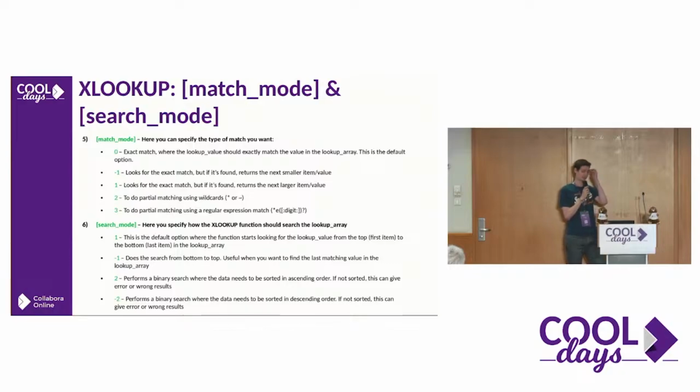And the option 2 represents a binary search with ascending dataset order, and the -2 option, which is also a binary search option, works with descending dataset order. And this search mode is basically much faster than the linear search mode, but it only works correctly on sorted data.